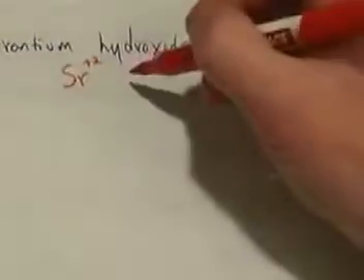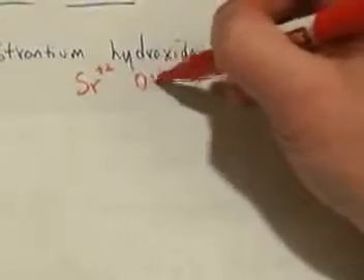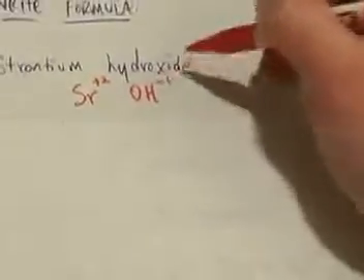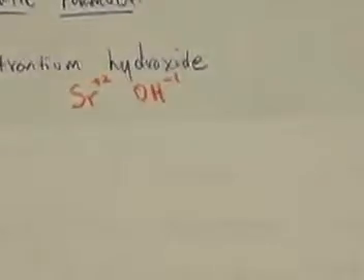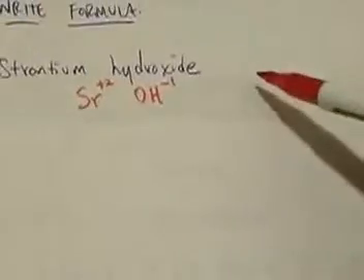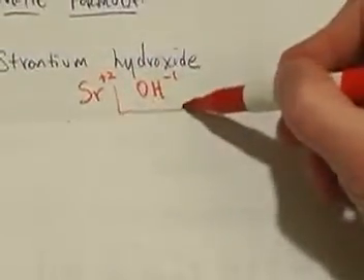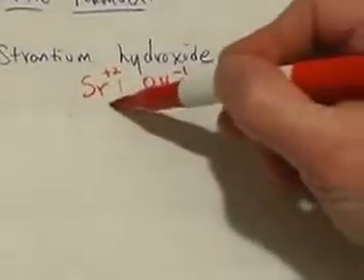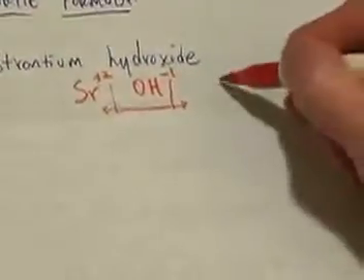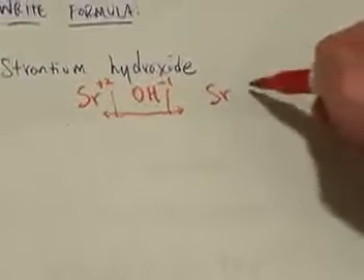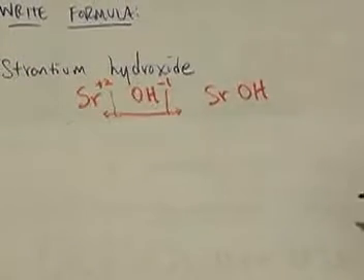So strontium is +2, put the little +2 up here on the top, and then hydroxide we need to look up. And if you look on your list of polyatomic ions, hydroxide is OH, and it has a -1 charge. Now when you put these two together, remember the charges have to sum to 0. And one way that I showed you that's easy to do this is to drop and swap the charges. And you end up with the formula Sr, OH, and I have to indicate that there are 2 of these OHs.